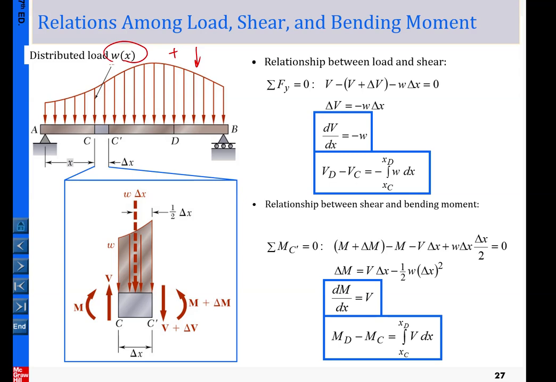This is the sign convention for W. Memorize this, please. The second equation, dM/dx equal to V, simply says that the slope of the bending moment curve equals the value of V at that position.